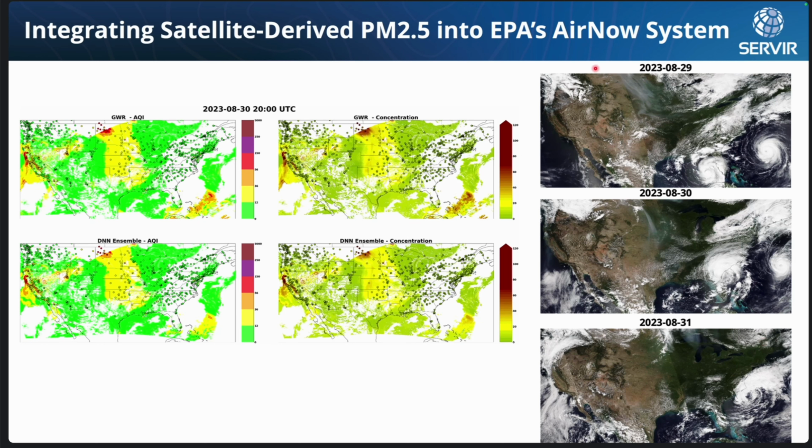You can see that plume coming in from the north over the US for 3 days continuously, and then it stopped on 31st August, which was very well captured by this animation. Sorry, this animation is not working right now. But it was very well captured by the DNN model, and it was also able to bias correct several of the points where the GWR model was overestimating.